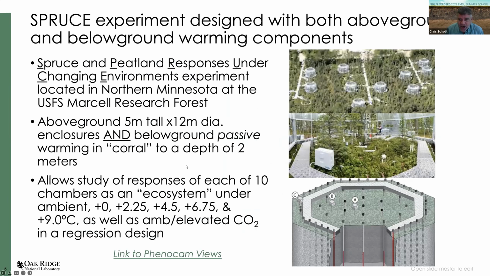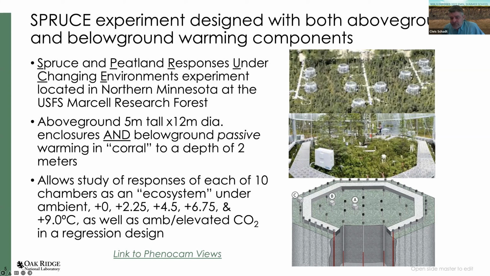So the SPRUCE experiment is a climate change experiment where we're warming these peatland ecosystems by up to 9 degrees Celsius, both above and below ground. Above ground, these consist of a 12-meter diameter study area inside of a greenhouse-like chamber.